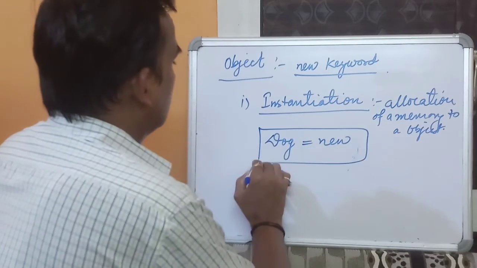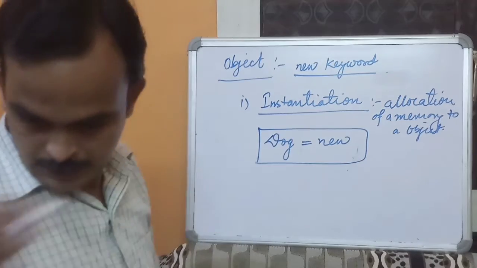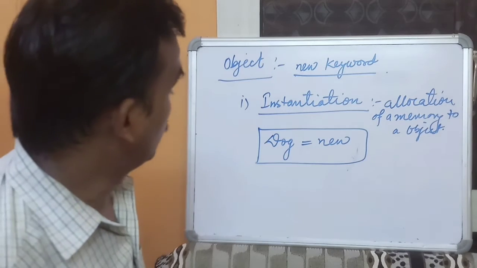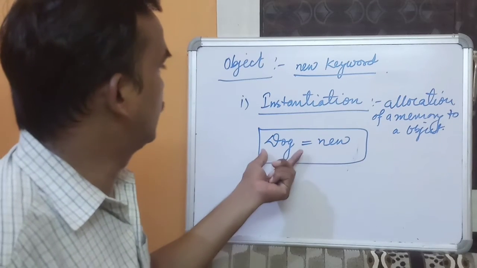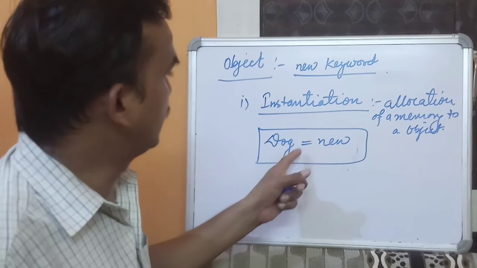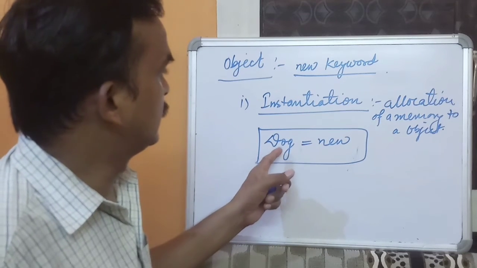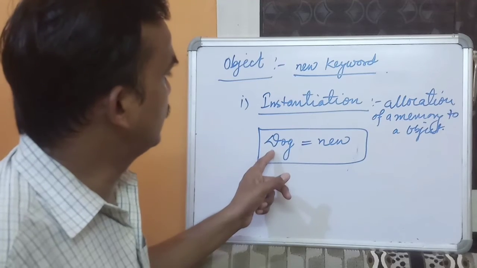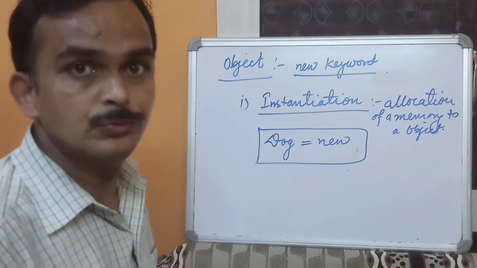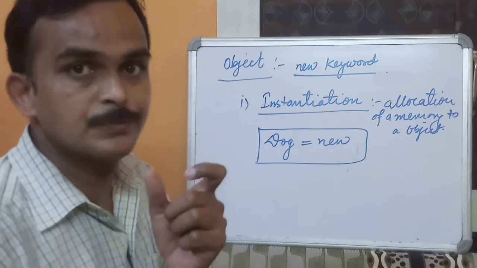So this is instantiation. Here the new keyword is used to create an object, and it allocates the memory to the object which has been referred to by the declaration section, where we used the reference variable.